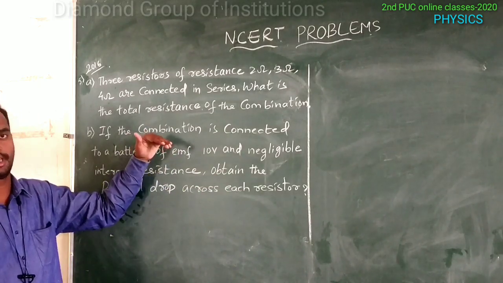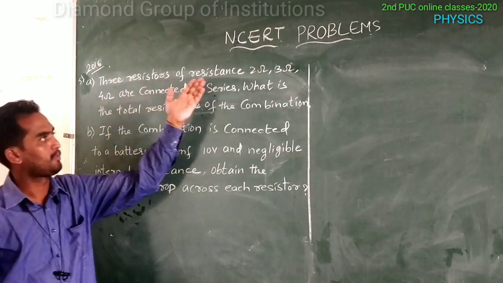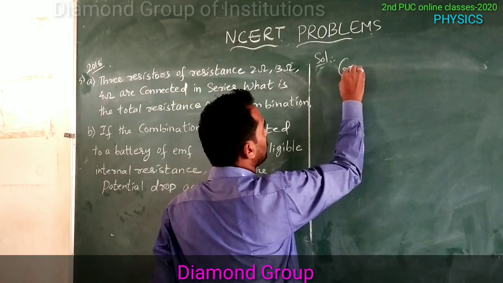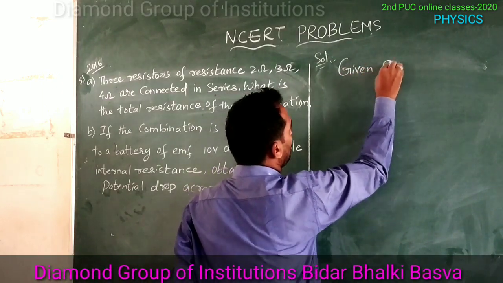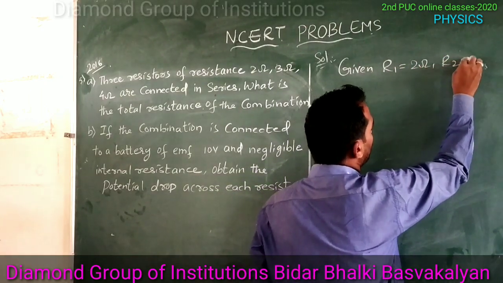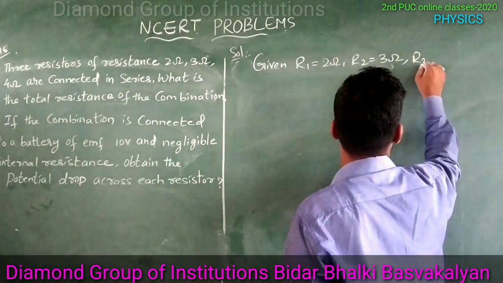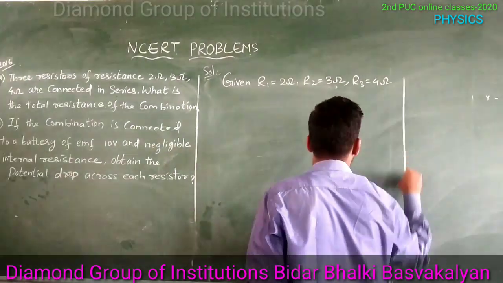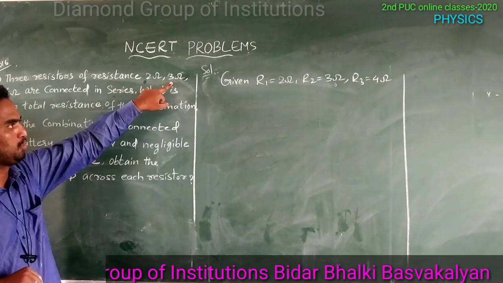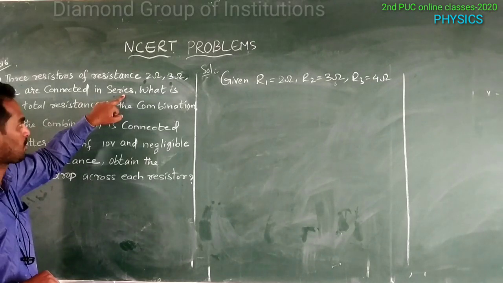That means this is on the concept of series combination. See what are the values given. R1 equal to 2 ohm, R2 equal to 3 ohm, R3 equal to 4 ohm, connected in series combination.